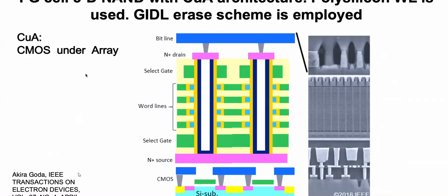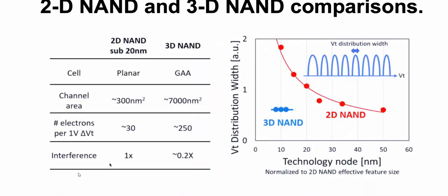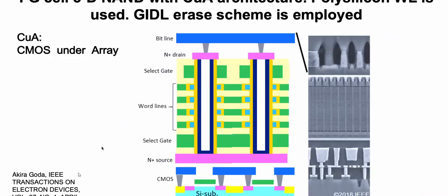As I showed you before, this is called the CUA, CMOS under array. One way to improve the device is, sorry, switching. This is like a cross section.